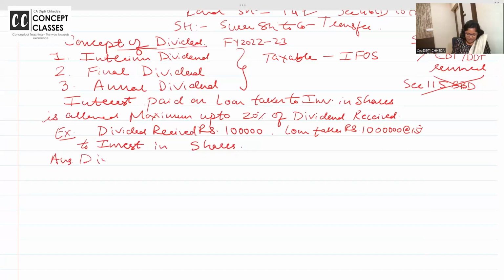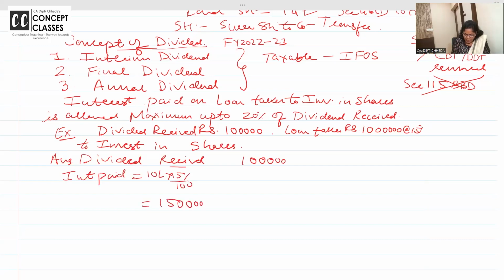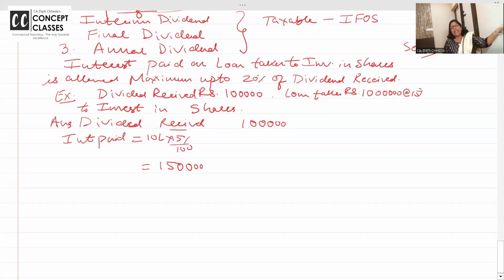Okay. Now, answer. What is the dividend received, dear students? इतने easy और scoring concept है for exam. What is the dividend received? 1 lakh rupees. How much is interest paid? Interest paid is 10 lakh ka 15%. Okay. 10 lakh ka 15% comes to how much? 1,50,000. Clear? 10 lakhs loan I have taken to invest in share market, on which I have earned dividend of 1 lakh. And interest paid is 1,50,000. Ma'am, can I show 50,000 loss? Answer is no. Pehle allowed tha, ab nahi.